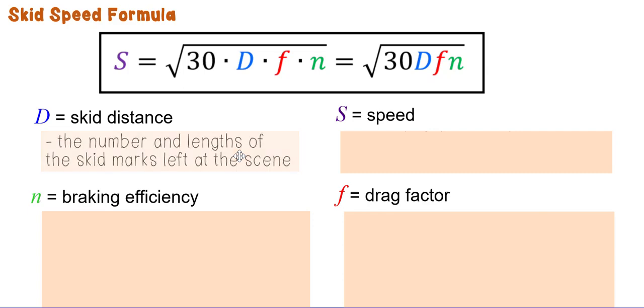Okay, so D, that's the skid distance. This is the number and lengths of the skid marks left at the scene. So when you do a skid distance, it's going to be an average.